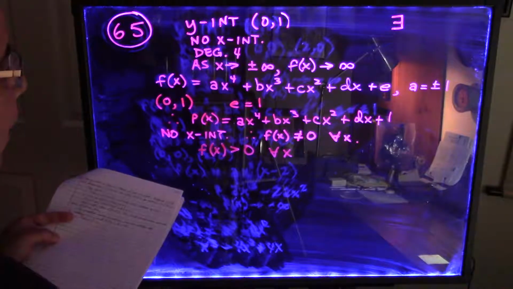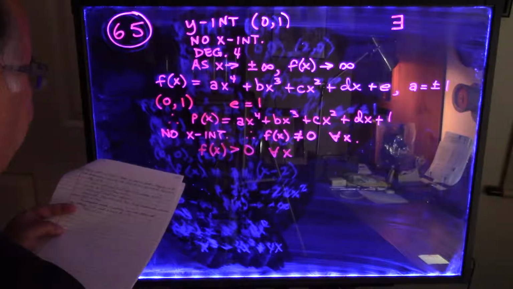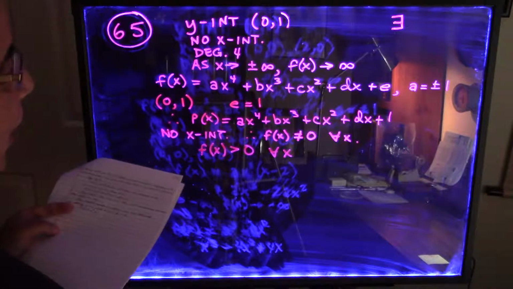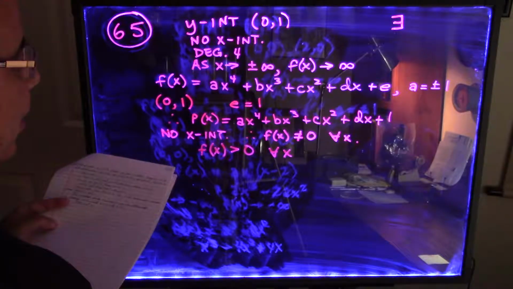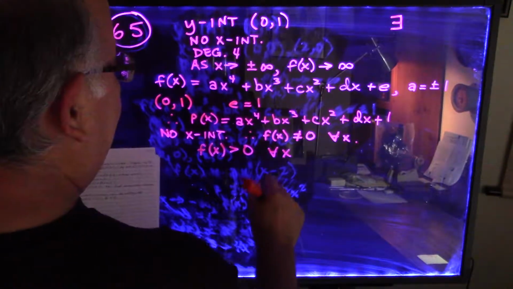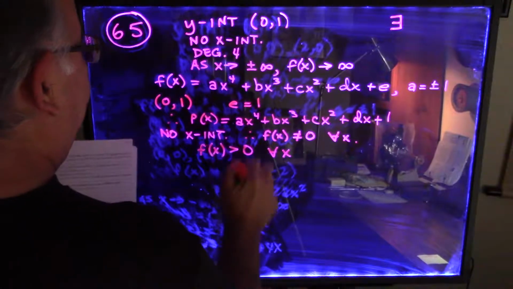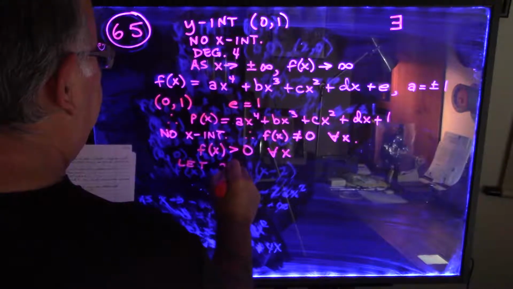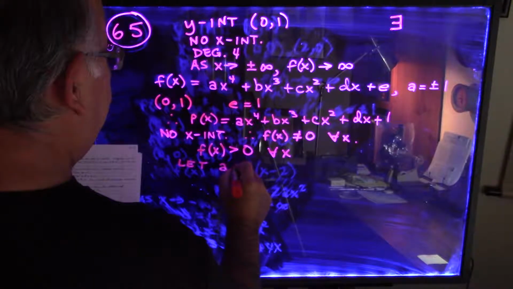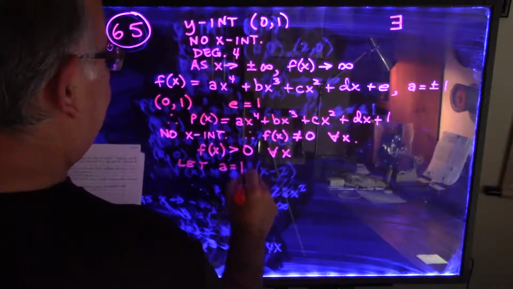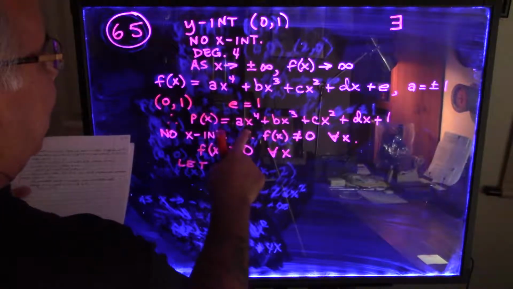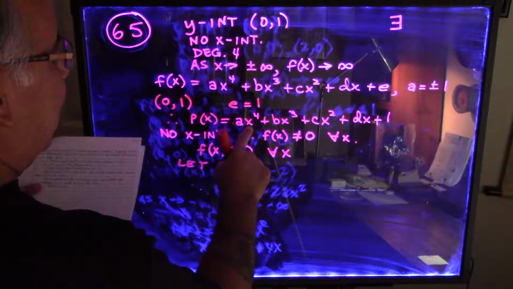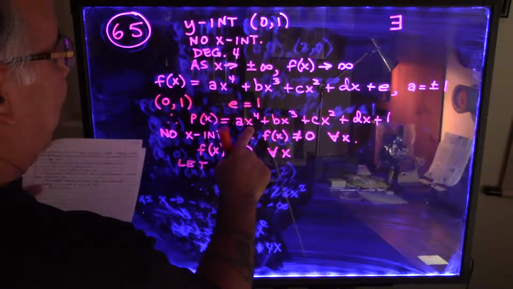So what are we going to do? Well, it's got to be a degree 4 function, and what we want to do is obtain the simplest function that will meet these conditions. So if you let a equal 1, see, you have choices here. Well, you pretty much have to let a equal 1 because that's the dominant term. If it's negative, whatever that is going to be positive, and then negative times positive is negative.